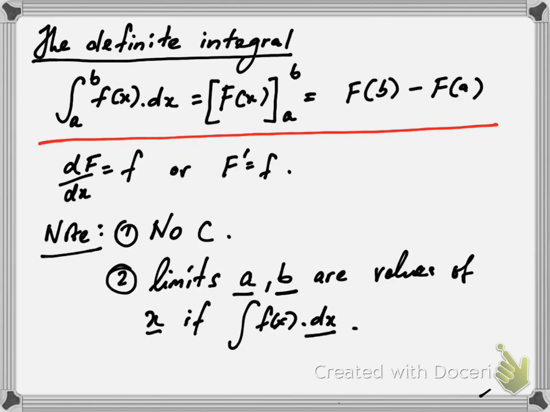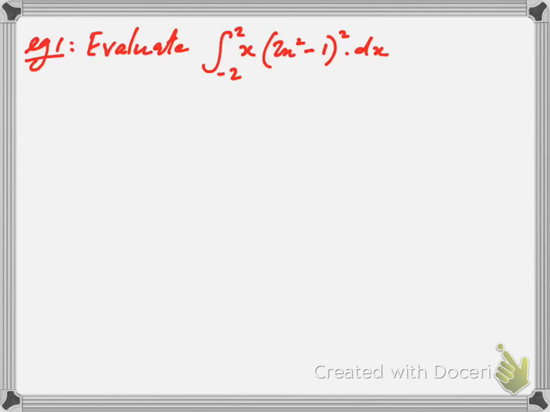Alright, let's do some examples. So the first example, we get to evaluate from negative 2 to 2 of a function that is given. Now there's two brackets, we've all got x's in there, so we can just expand and then integrate.